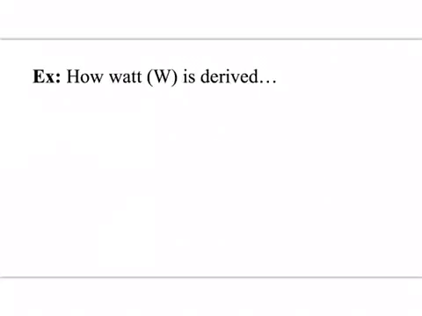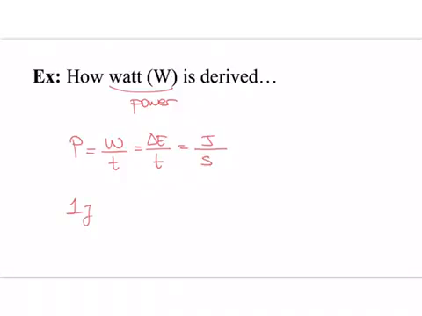How is watt derived? Watt is the unit of power, you know, and power is the work done per unit time, or the change of energy per unit time. The unit of energy is joule and time is second. As we have derived in the previous slide, 1 joule is equal to 1 kilogram meter square per second square.